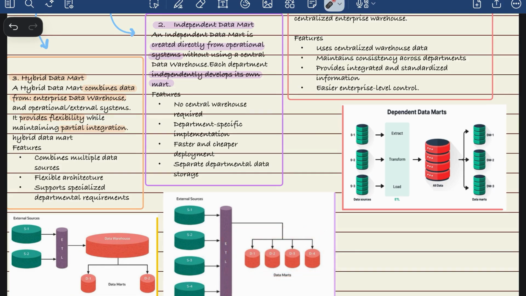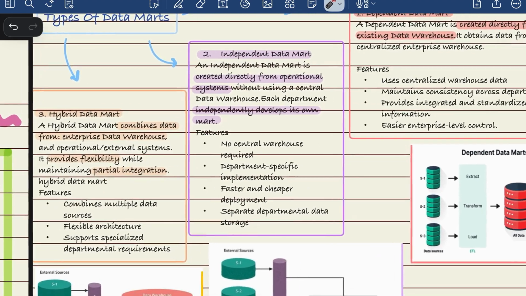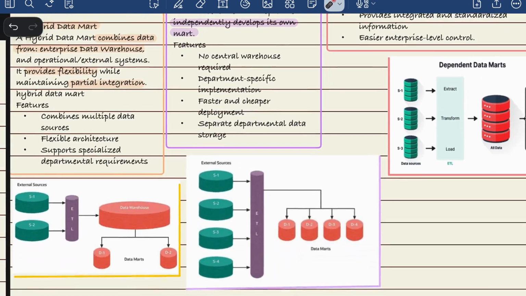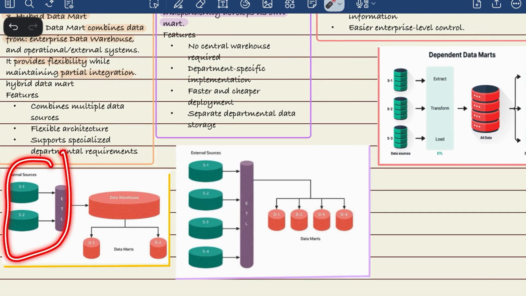Whereas the third type of data mart is the hybrid data mart. It is the all-in-one transformer. In this type, it combines the data from the centralized corporate warehouse plus it transforms the raw data that is external.